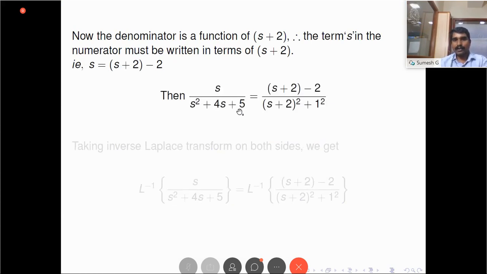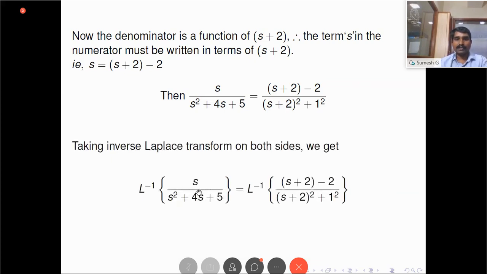Therefore s by s square plus 4s plus 5 is equal to s plus 2 minus 2 followed by s plus 2 the whole square plus 1 square. Now we can find inverse directly. Taking L inverse on both sides, we get the expression like this, and consider the RHS.